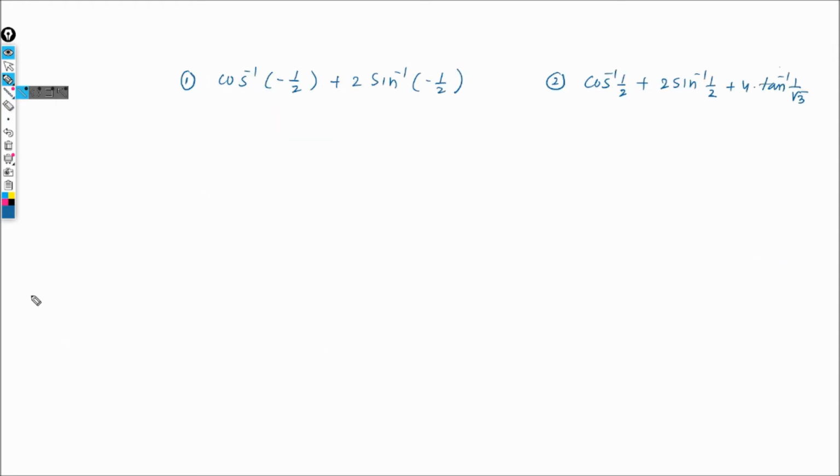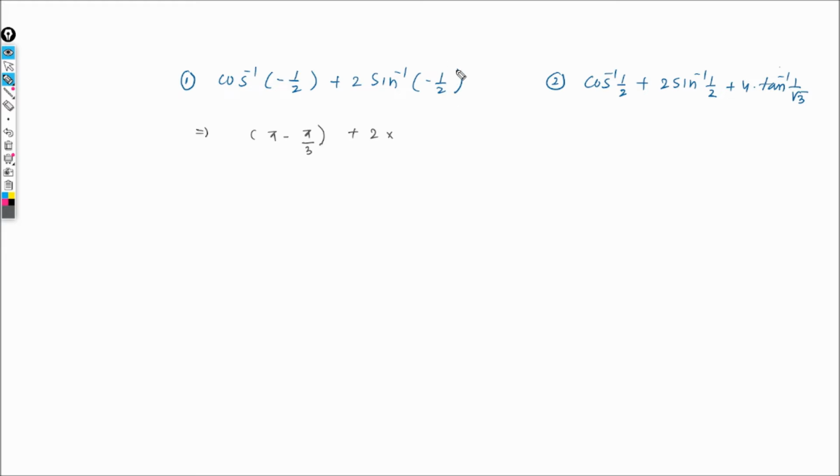So let us understand a few more questions. Cos inverse of minus 1 by 2 plus 2 sin inverse of minus 1 by 2. So cos inverse of minus 1 by 2 means pi minus pi by 3, plus 2 into sin inverse of minus 1 by 2.